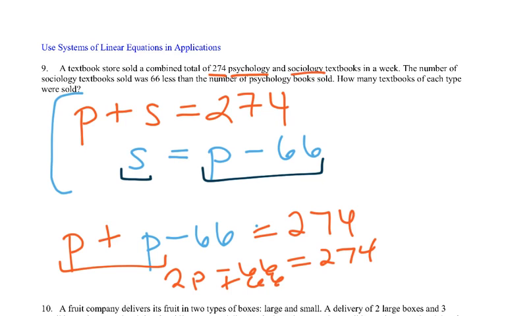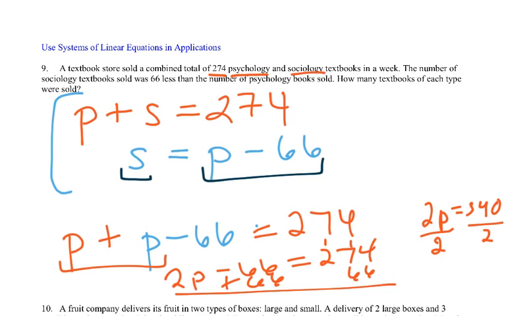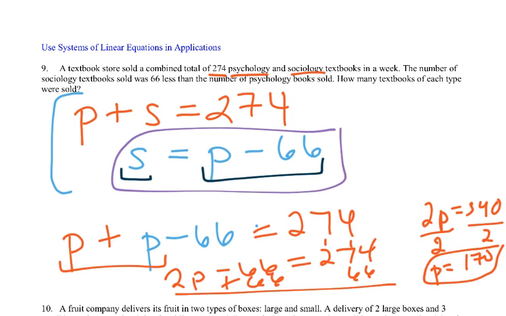Add 66 to both sides. We end up getting that 2P equals 340. So divide both sides by 2, and we get P equals 170 textbooks. Now, if I've solved for the number of psychology textbooks, now we're going to go back into one of our equations. I'm going to suggest this one to solve for the sociology textbooks.